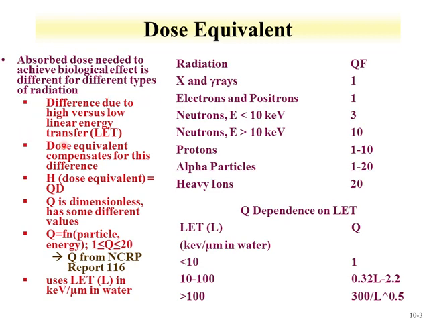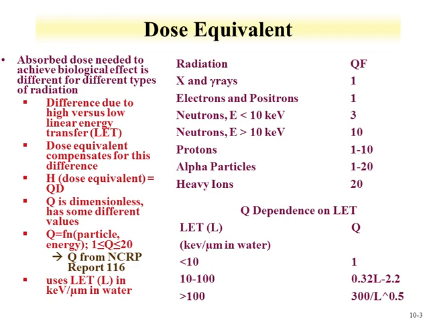The difference is really driven by this linear energy transfer, and we're going to call this dose equivalence. To try to compensate for this, the dose equivalence will be equal to the dose D times Q, and Q is some dimensionless value. There are a number of reports out there which define what this value should be. It's often a function of the particle and the energy. Q can vary from 1 to 20.